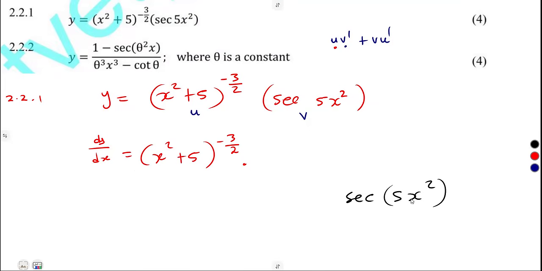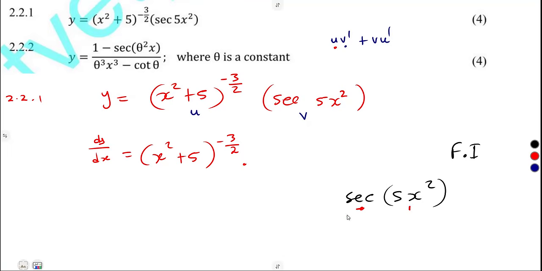So when you are given this, we've got a trigonometric function and an inner expression. So you're just going to consider the function and its inner expression. The function is the sec. This is our function, and the inner expression is this one.